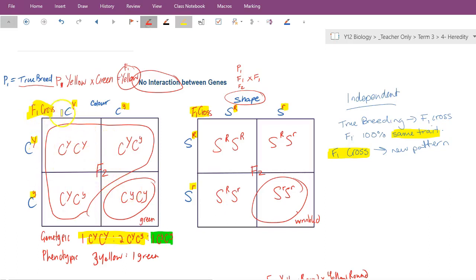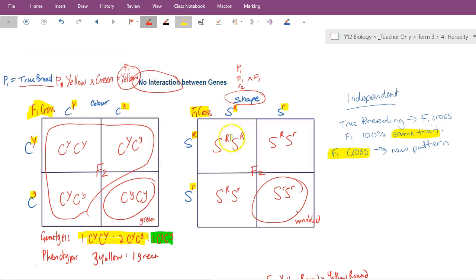An F1 cross, the heterozygous yellow and the heterozygous round, and you end up with a new pattern that came out in that next generation, which was 3 yellow to 1 green, because you ended up with a homozygous yellow, a homozygous round, and 2 heterozygous yellow ones for the color, and the same sort of one over with the shape.